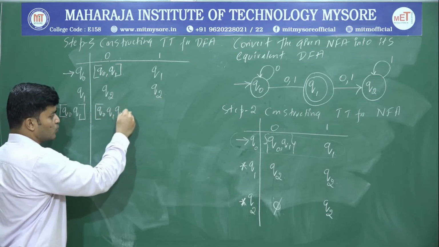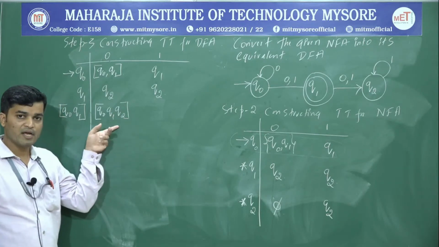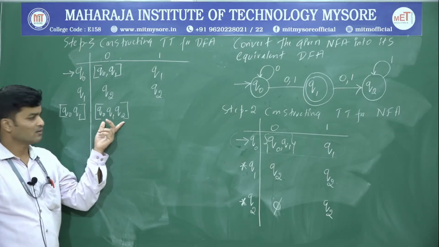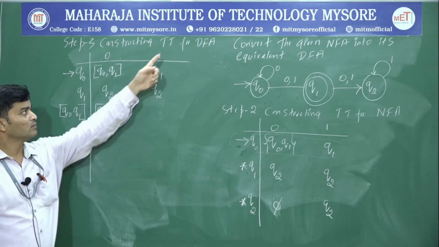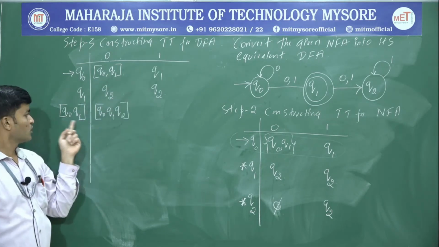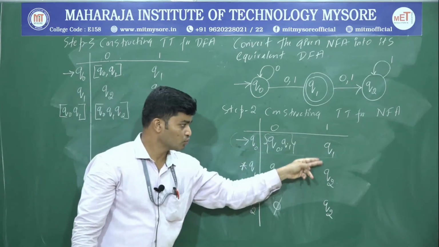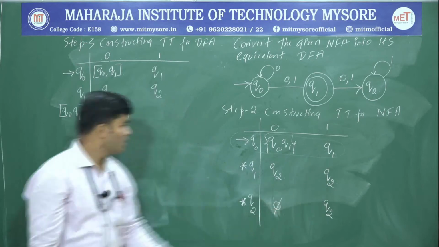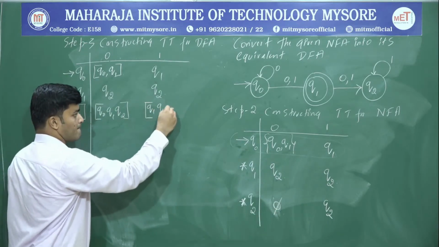Even though we have more than one state, in the DFA this will become a single state. Next, what is Q0 Q1 upon 1? Take the union of these two, and you will get Q1 Q2.